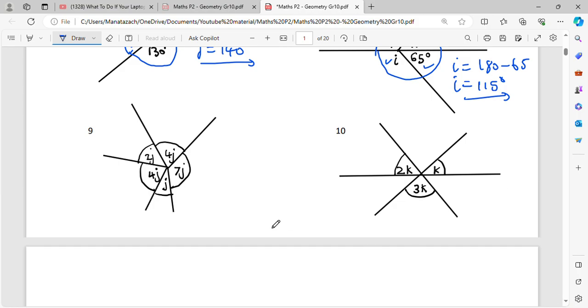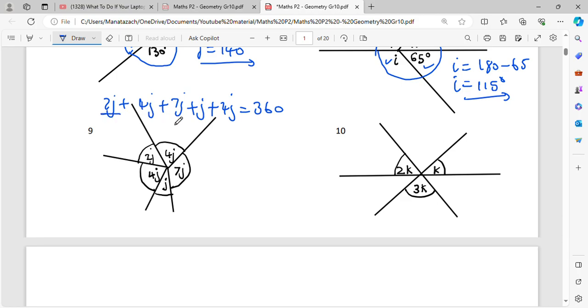Okay, let's go to question 9. Question 9, we have a revolution situation. So it's best to say 2J plus 4J plus 7J plus J plus 4J should give us 360.